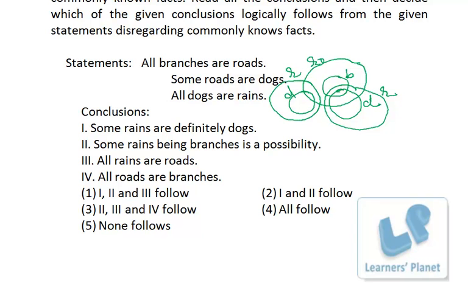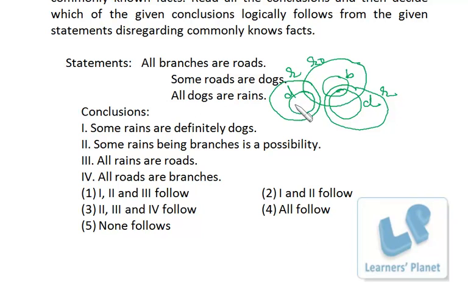You just follow the procedure stepwise. Now we just see the conclusion. Some rains are definitely dogs. So can we see any intersection between rains and dogs?